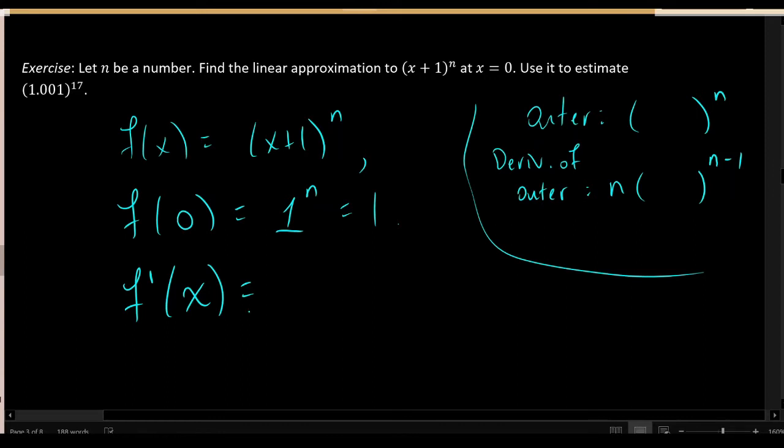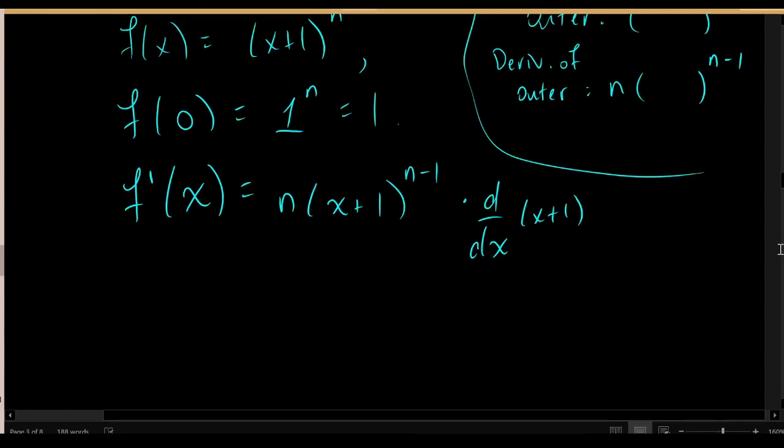So in this case, what would f prime of x be? F prime of x would be n times blank to the power n minus 1. Then fill in the blank with the inner function x plus 1. Multiply that by the derivative of the inner function. But the derivative of x plus 1 is just 1, which really won't have much of an effect.